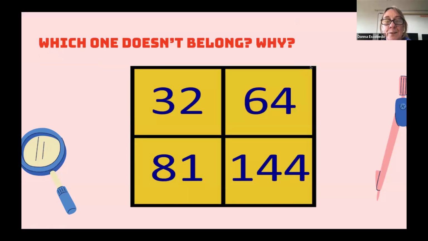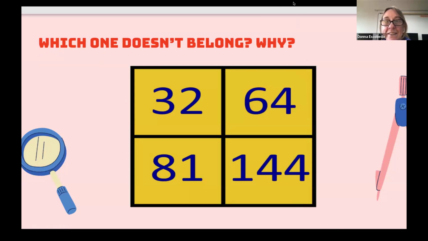So this is our, which one doesn't belong and why? This is one I used the other day, and a lot of times when I use these, I don't know if any of you have used these, it isn't where I think it's going to go.